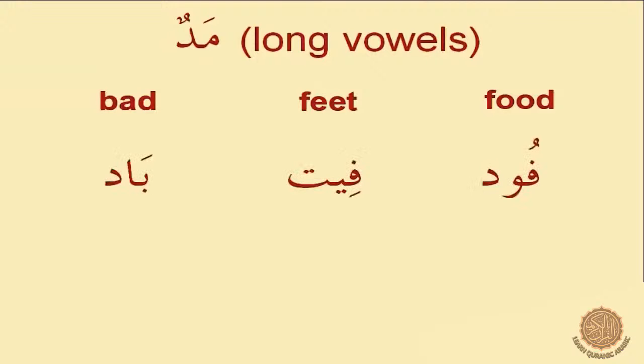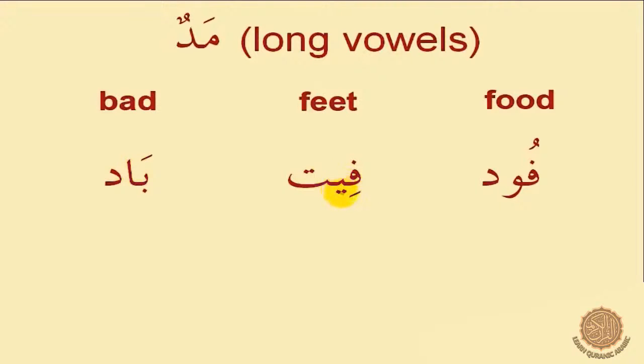So we have bad, feet, and food. In the first example, bad, it's the A sound that's being elongated. That's denoted by this fatha here, which has the A sound, followed by the alif. That's where we get the elongation there, the long vowel. Similarly, here we have a kasra, and following it is the ya.